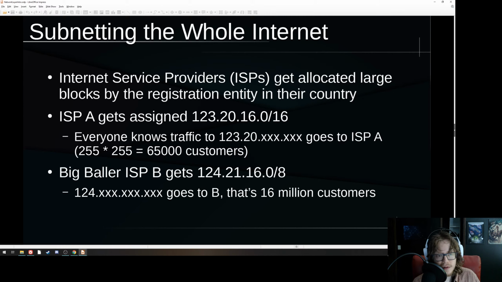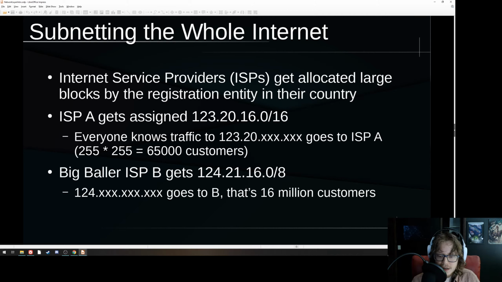So then I just forward it along to whatever path I know gets that packet closer to ISP A, so that it can get closer to its customer. And then once it arrives on ISP A's network, once it arrives in the 123.20 band anywhere on that ISP's routers, then it decides internally how it's going to forward it. And they might further subnet their network. We'll look at that on the next slide.